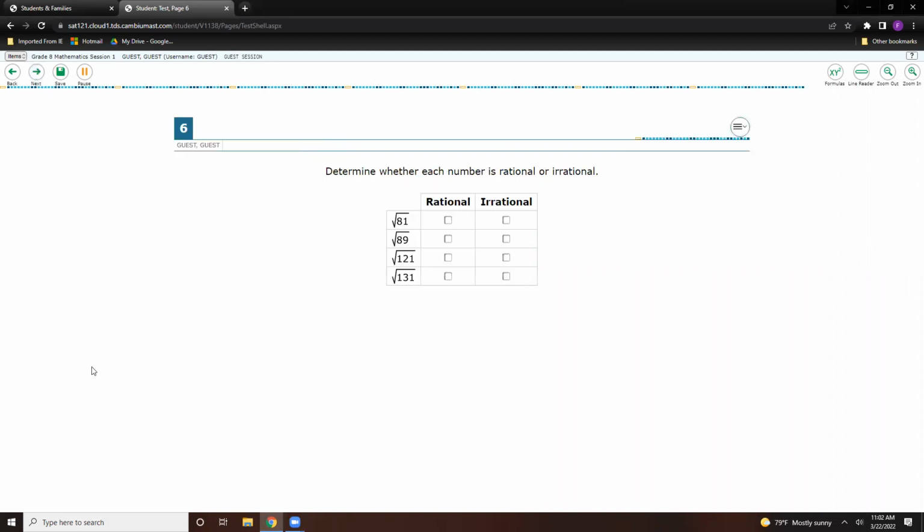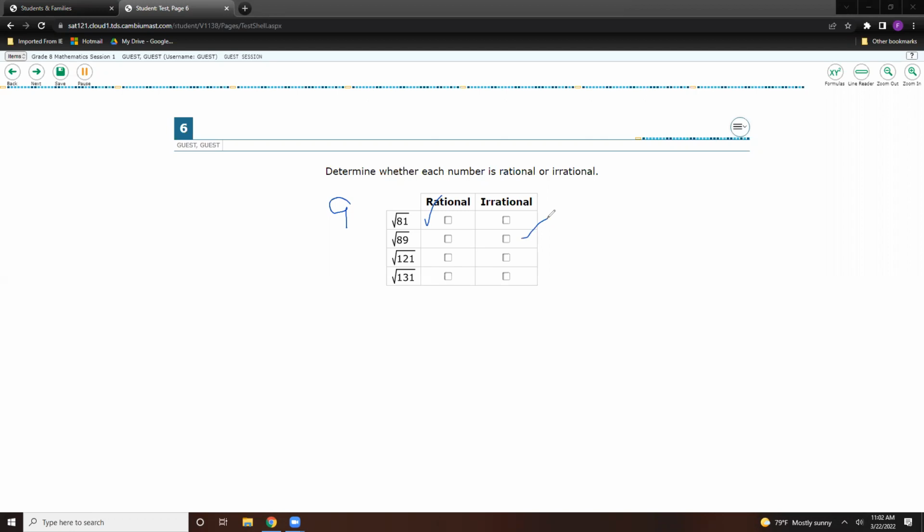Okay, rational or irrational. If I get a whole number, the square root of 81 is 9. So 9 is a whole number. So that's rational. 89, that's not going to give me a whole number when I take the square root, so it's irrational.